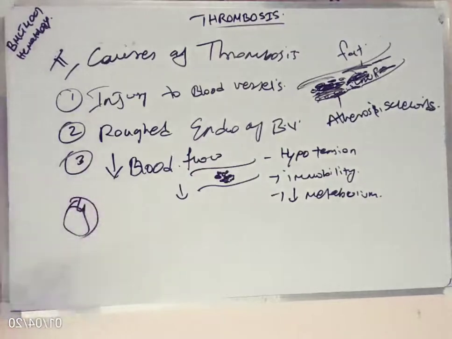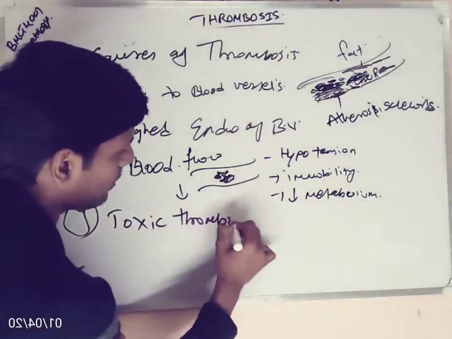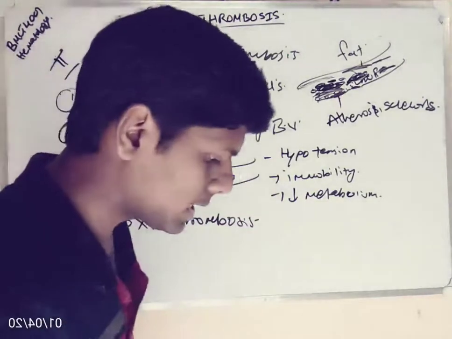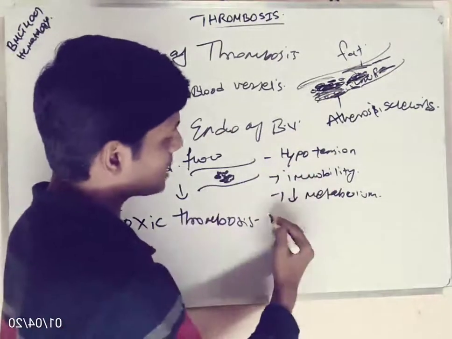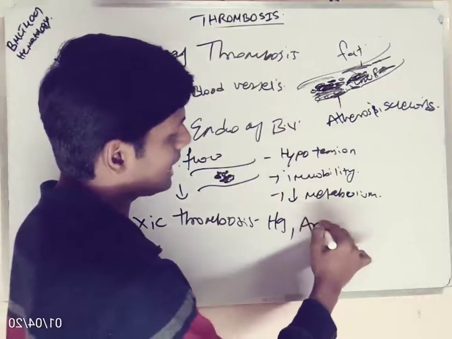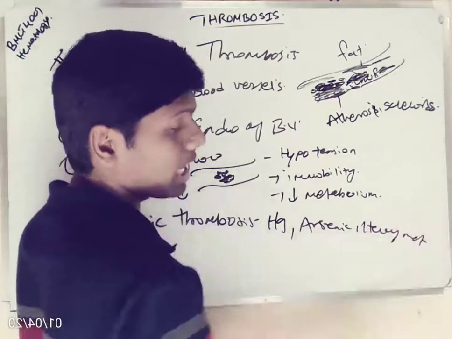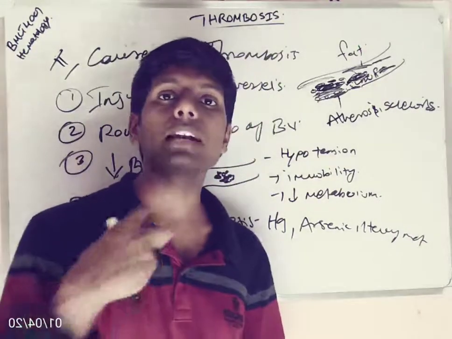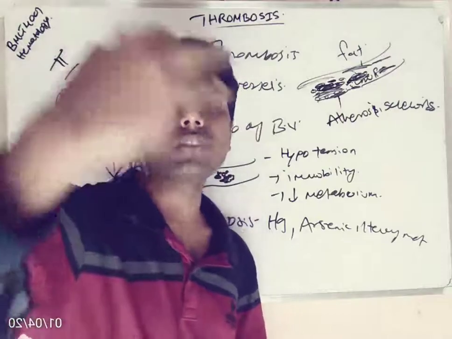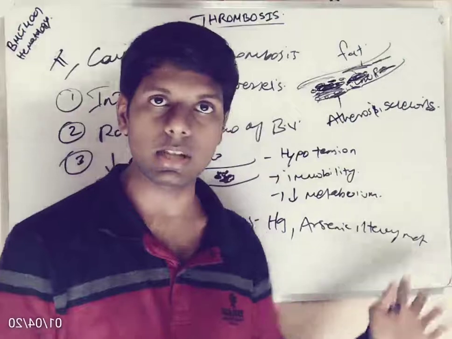So another cause is toxic thrombosis. So what is toxic thrombosis? If we take toxic substances like mercury, arsenic, or other heavy metals, these heavy metals will hyperactivate the platelets, and these hyperactivated platelets will in turn activate the fibrinogen, and that fibrinogen will convert to fibrin, and that will cause thrombus within the blood vessels.